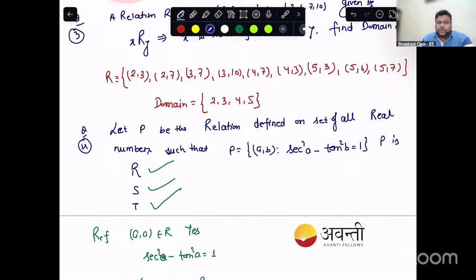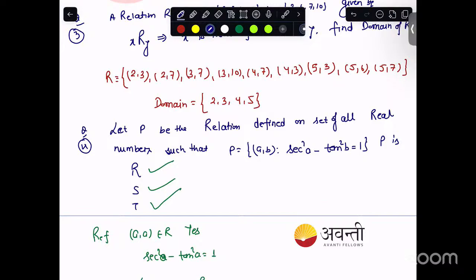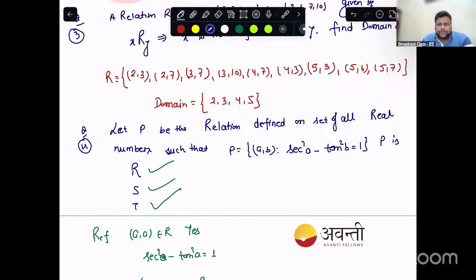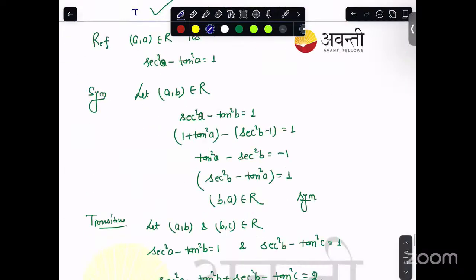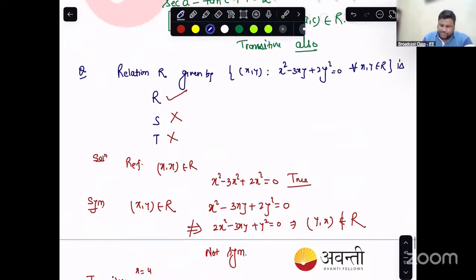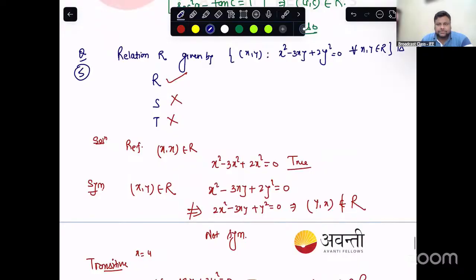Lakshmi, you understood question number 4 completely? Yes, sir. Tejaswini? Yes, sir. Very good. Gautami, you got it? Karthik, understood? Yes, sir. Very good. So proud. Question number 5. Anybody for anything on reflexive, symmetric, transitive?